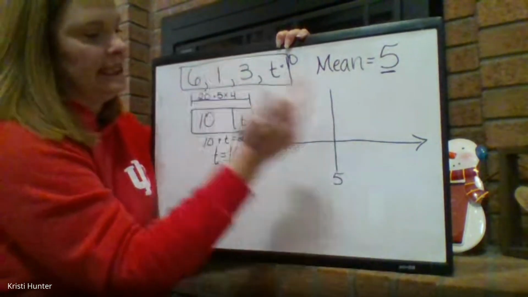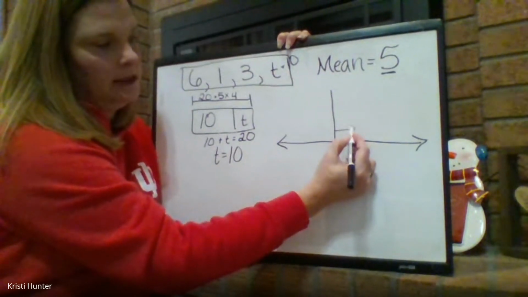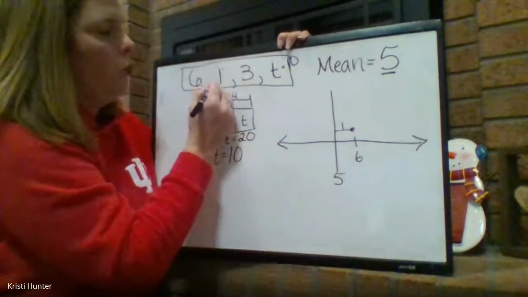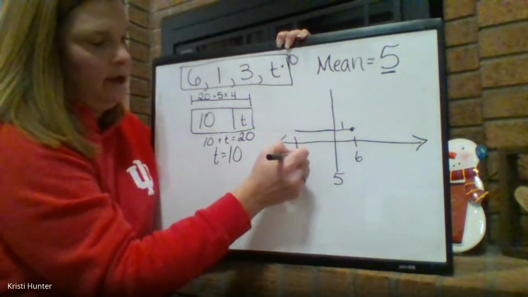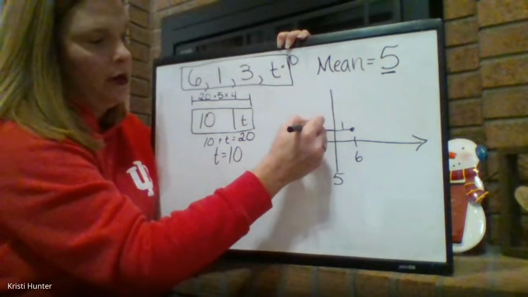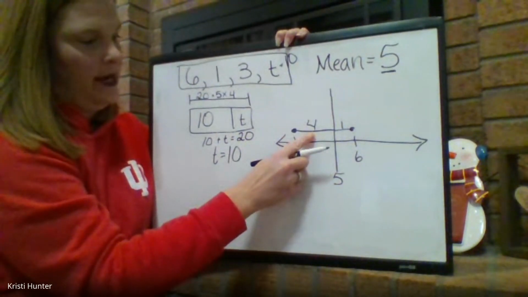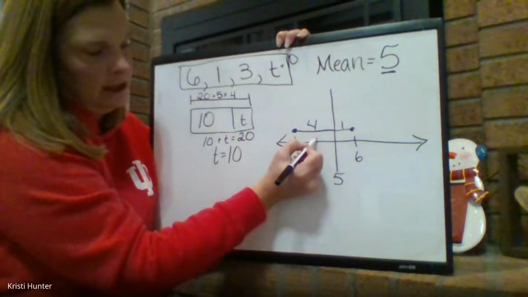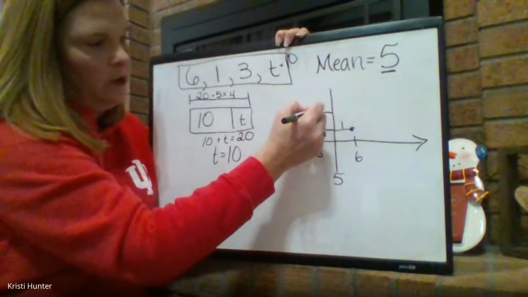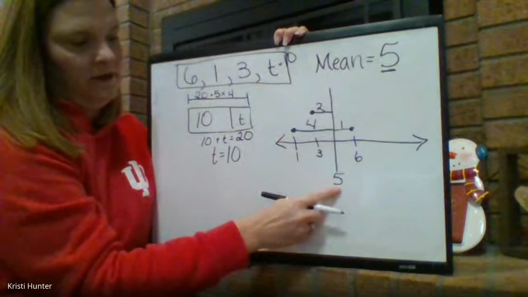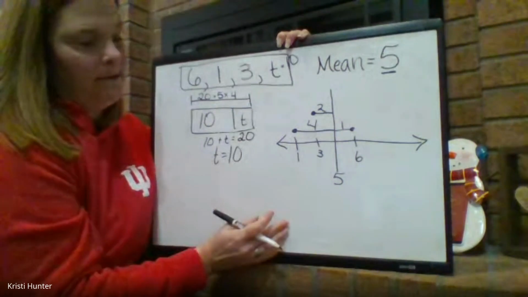So let's look. Here were my values here. So if 6 would be to the right 1 space, 1 would go to the left, and it would go 4, because 5 minus 1 is 4 spaces away. 3 would also be to the left, but it's a little closer. So it would go 2 spaces away, because 5 minus 3 is 2. And then I don't know what I'm missing.